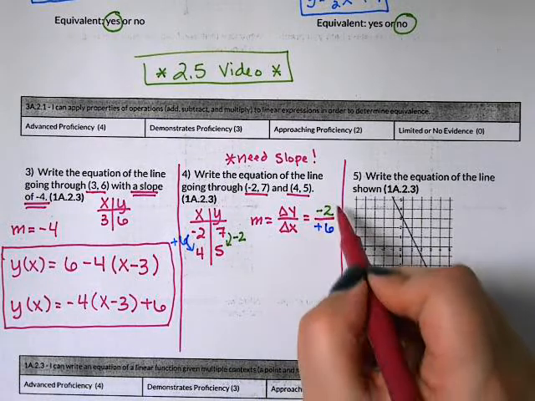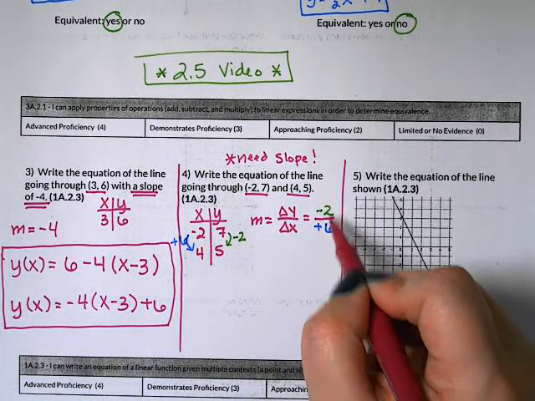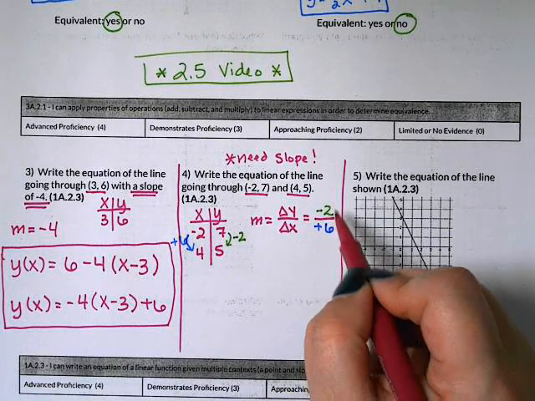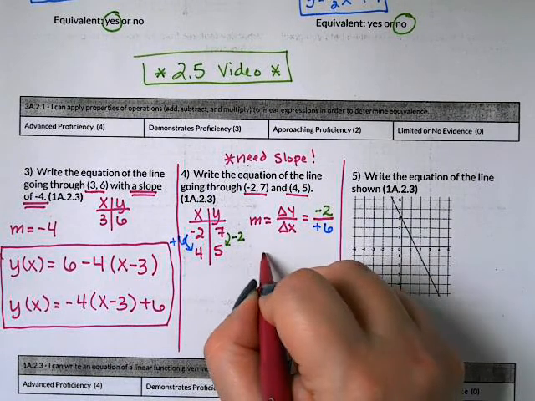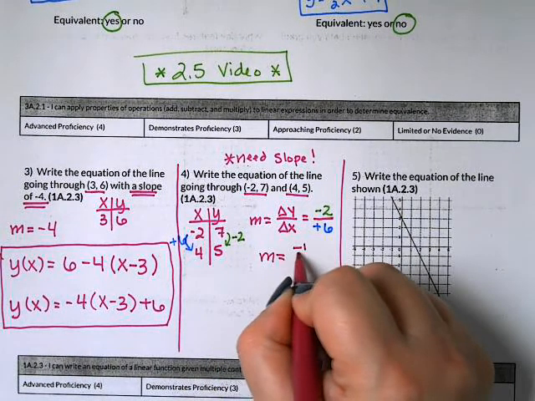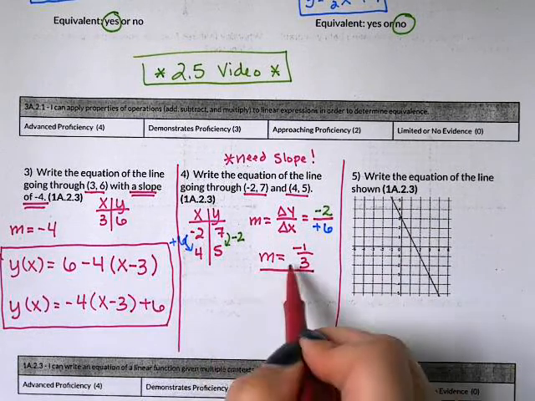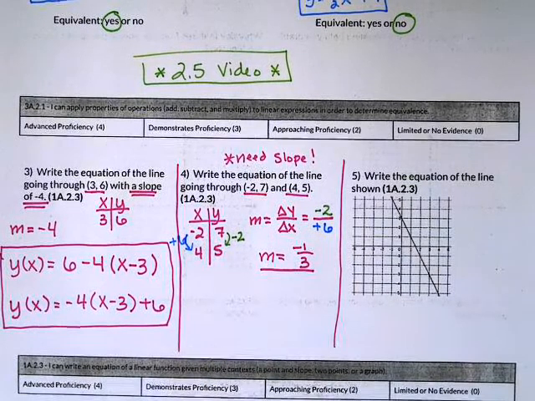If I use my calculator to simplify this, remember you can do alpha y equals to put in a fraction. And once you put this in, if you just hit enter, it'll give you the simplified version, which would be -1/3. So now I have my slope and I have my starting point.